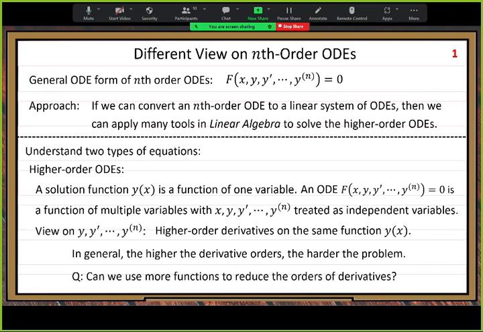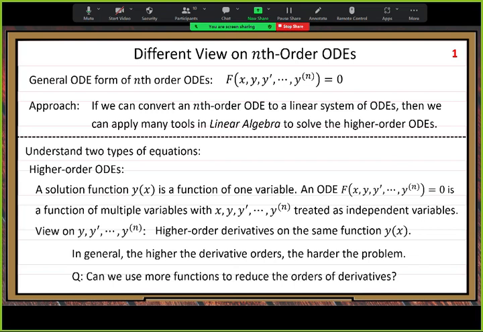What's the benefit? ODE order reduction. After we lower the order, the problem becomes easier to solve. But you cannot get that benefit for free, so you have to pay with some expense, the cost we need to pay.